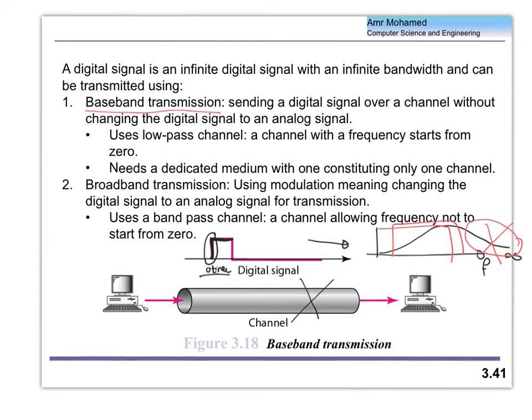Is there any good news? Well, the good news is, remember, what is our objective at the receiver side? Our objective at the receiver side is to recover the ones and zeros, right?